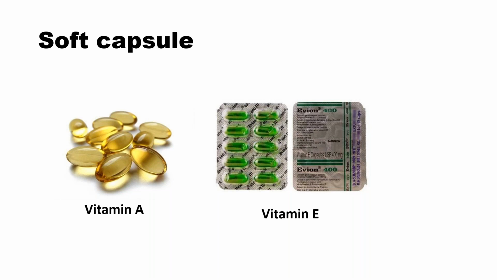In addition, the soft capsule may easily be swallowed. So they are available in the market. We have as examples vitamin A capsule and vitamin E capsule, which I have shown in my slide.